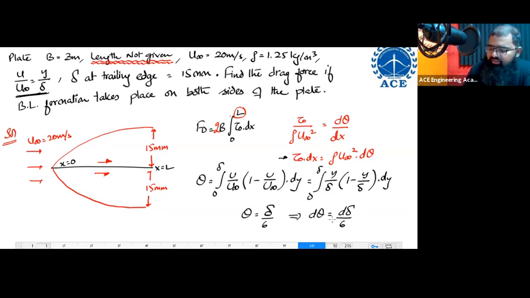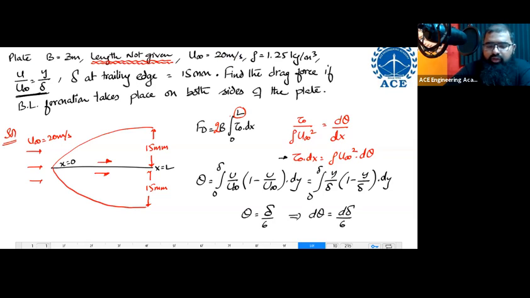Replace d theta with d delta by 6. Replace d theta by d delta by 6. Momentum flux is equal to mass flux multiplied by velocity.